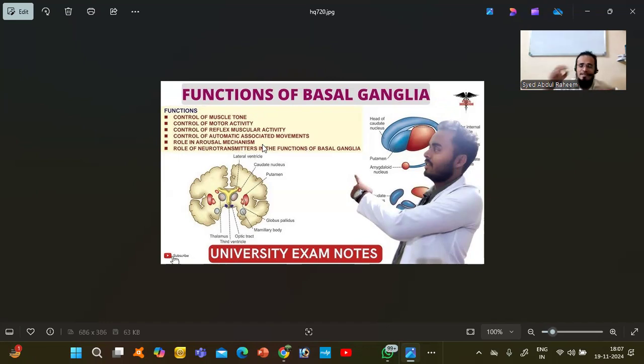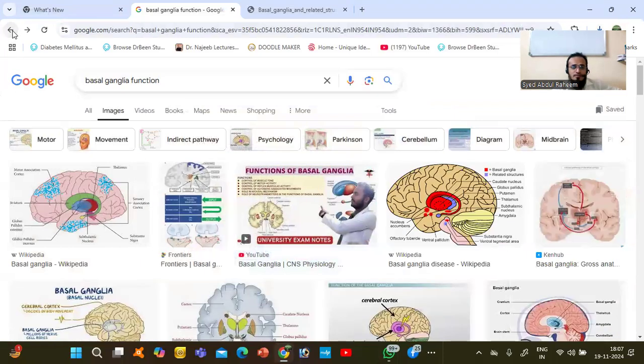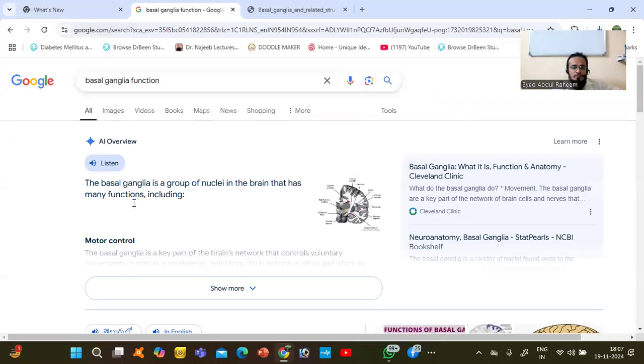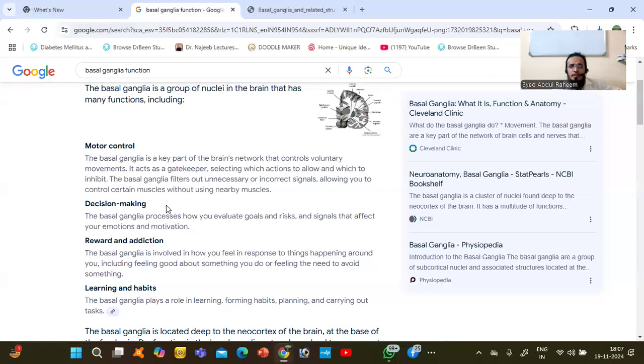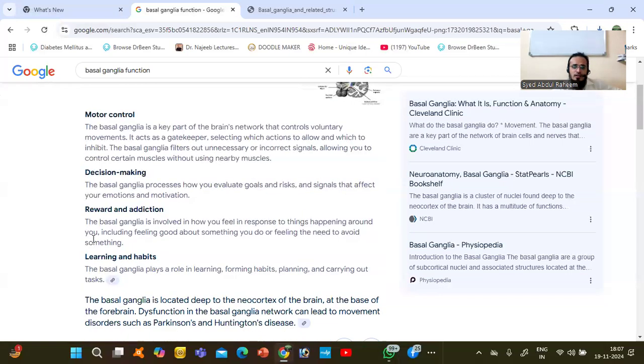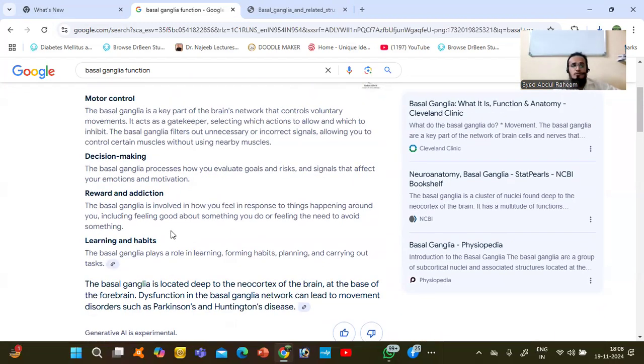So mostly muscle controlling power is present in the basal ganglia. Most of the basal ganglia function is to control the muscle. Mostly motor control, and decision making, and any type of addiction will affect the basal ganglia itself, and learning. These are the major functions of the basal ganglia.